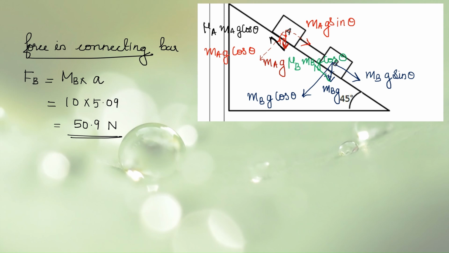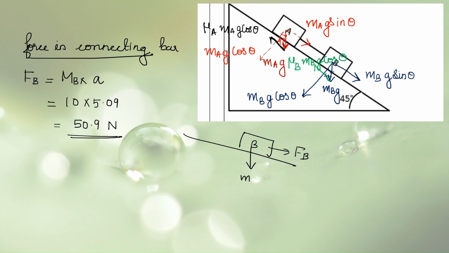Okay, and when this force is acting there, we are having a gravitational pull down the inclined plane. So B is sitting on the inclined plane, a force FB is acting on B, and a gravitational pull is there. What is the value of gravitational pull?